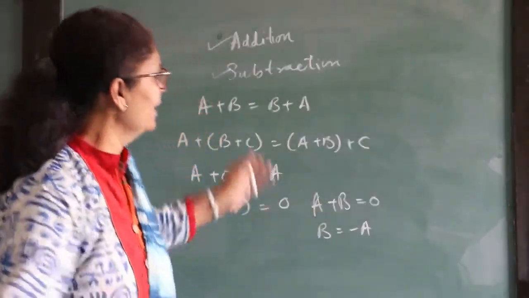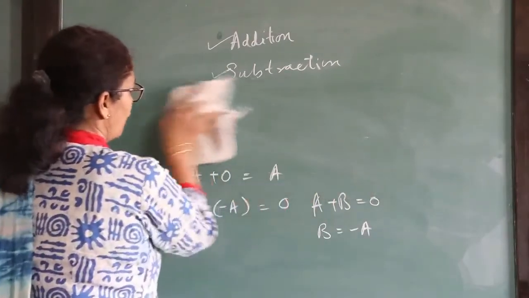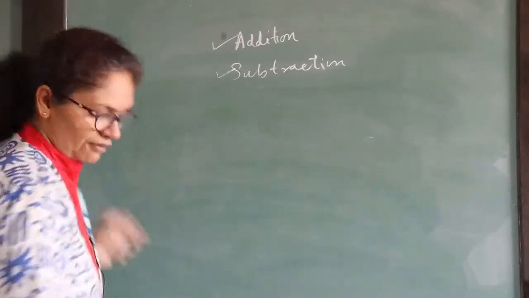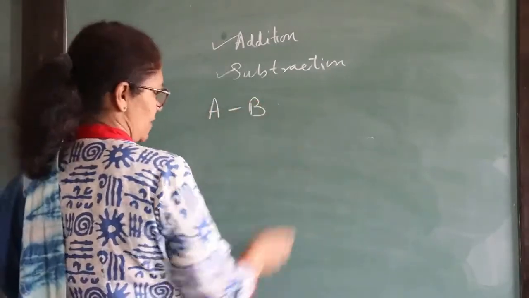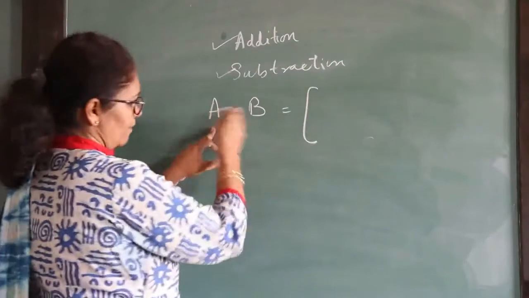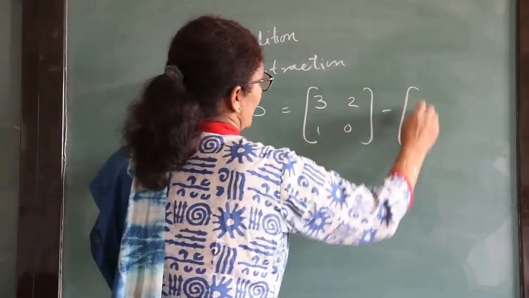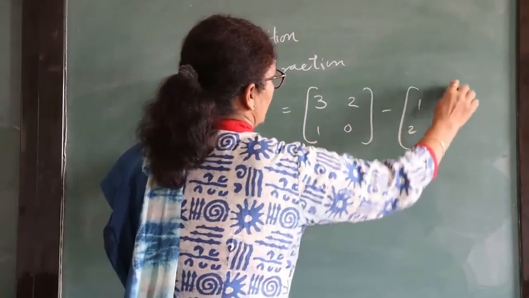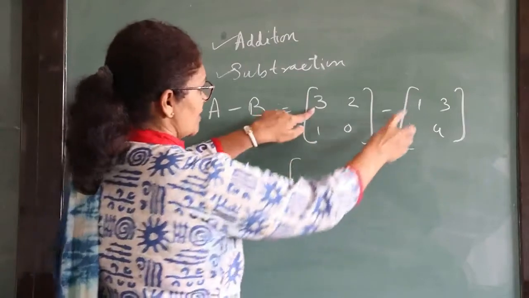Now after completing this, second we have to discuss subtraction. So for subtraction, we will discuss one simple thing, that if I want to write A minus B, if I have A as 3, 2, 1, 0 and B as 1, 3, 2, 4, then how can I subtract it? Simple, I have to change the sign.